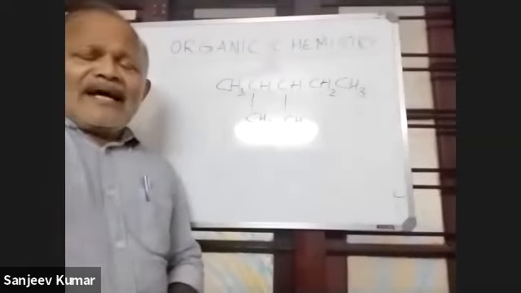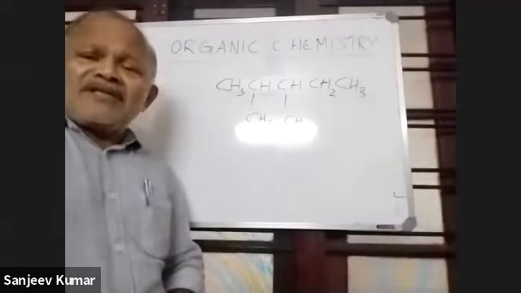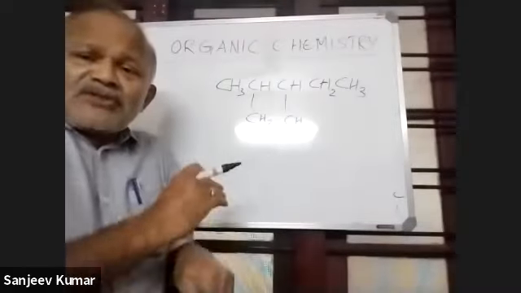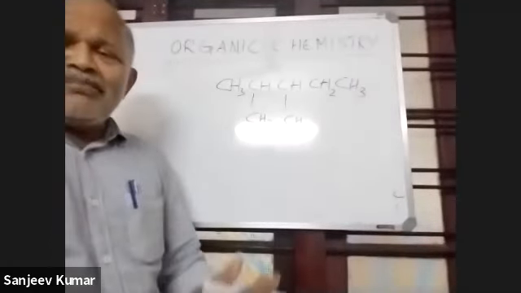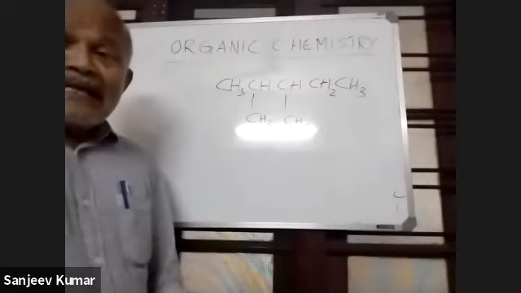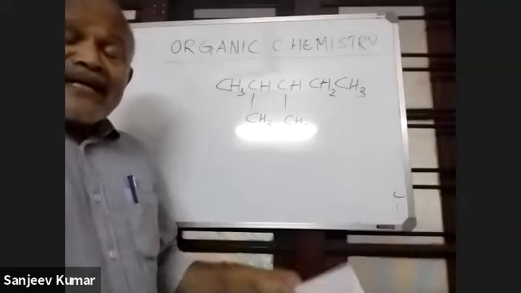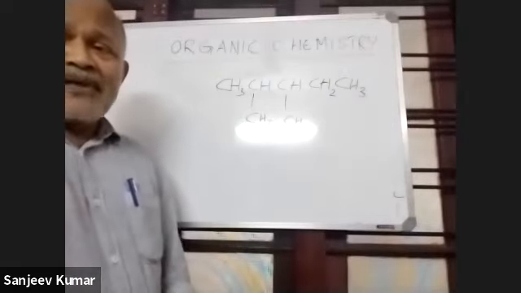A primary carbon atom is a carbon atom attached to only one other carbon atom, or not attached to any other carbon atom. Methane, CH4, is a primary carbon. Ethane, CH3CH3, has 2 primary carbon atoms. A secondary carbon atom is bonded to 2 other carbon atoms.